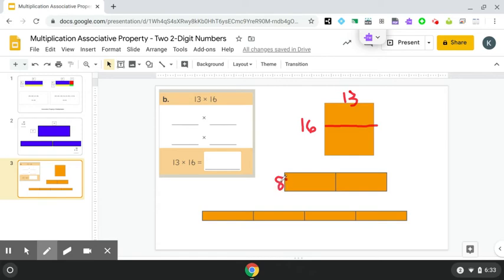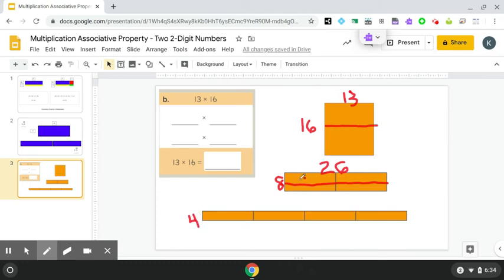When I line these two up next to each other, I have 13 plus 13, and I have to double that, so this length becomes 26. Now I notice I could even halve and double this again. I know I could halve 8, and now I have 4 for my height.